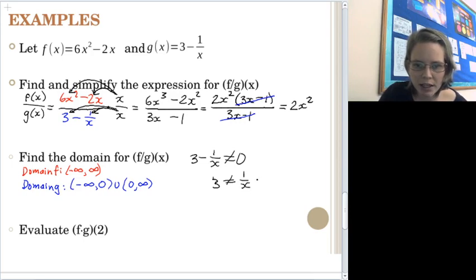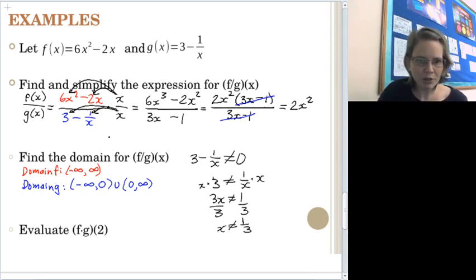Get x out of the denominator by multiplying both sides by x, so 3x is not equal to 1. And get x by itself by dividing out the 3. So x is not equal to 1/3.